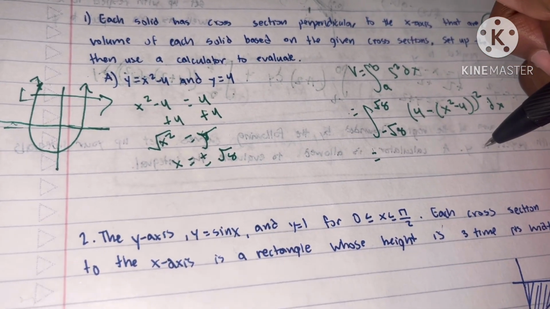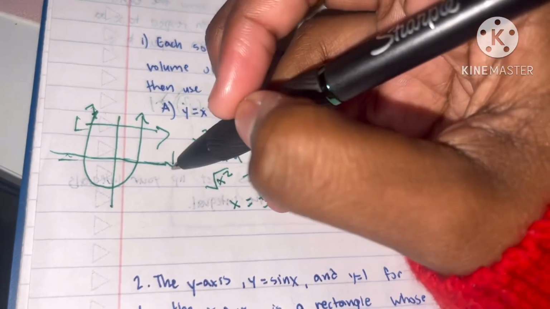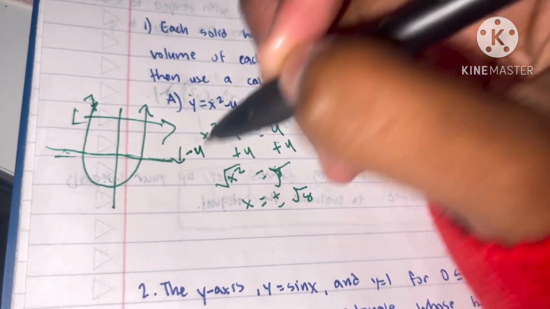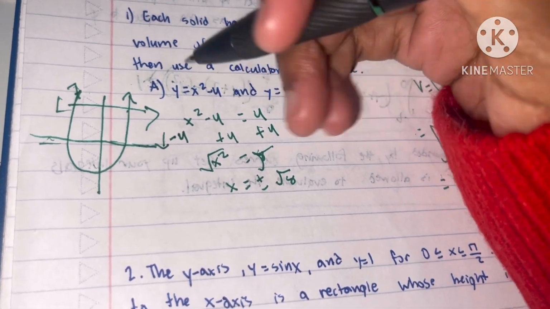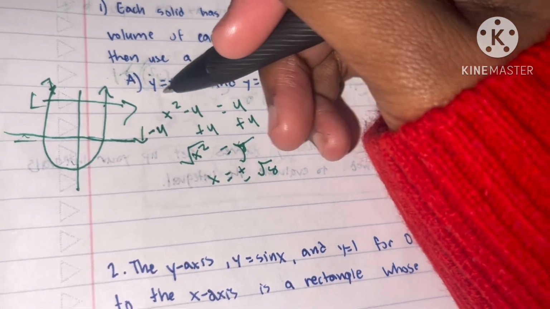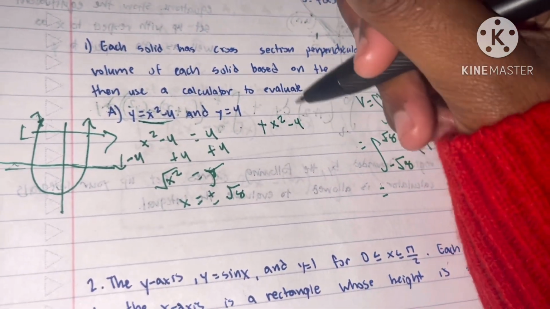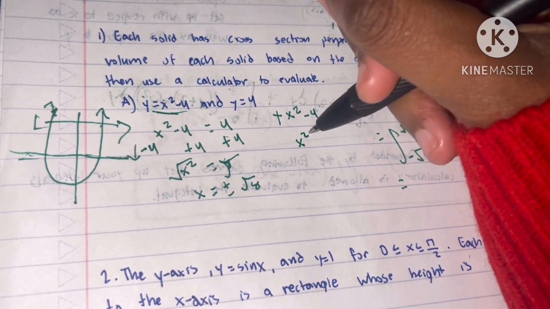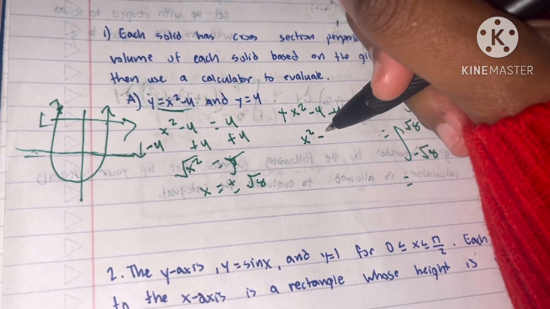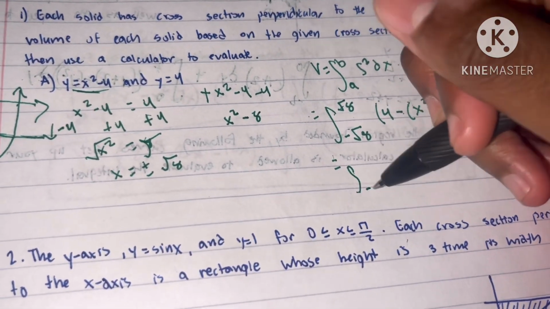Or you can do it the way where it's minus 4 to get this line on the x-axis. So basically you just use this equation right here and say x squared minus 4 minus 4, so it'll be x squared minus 8.